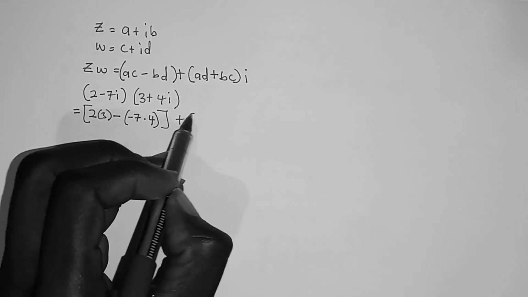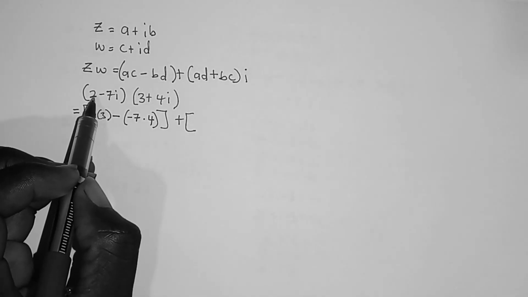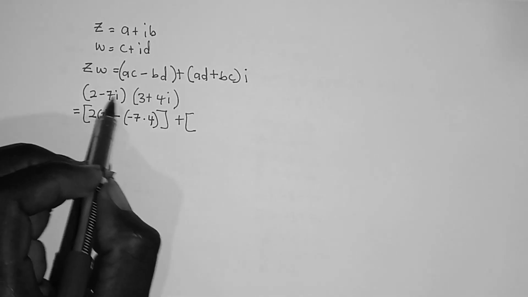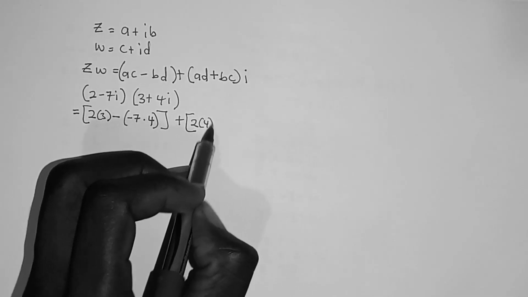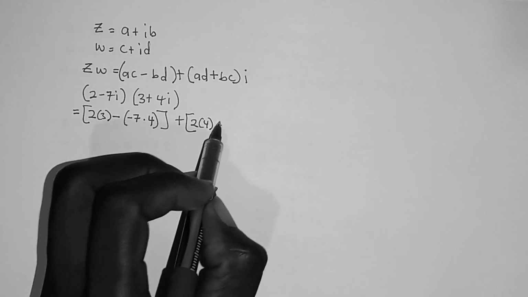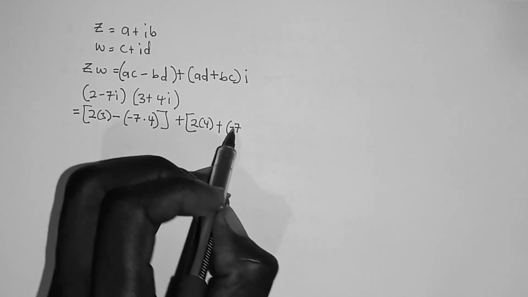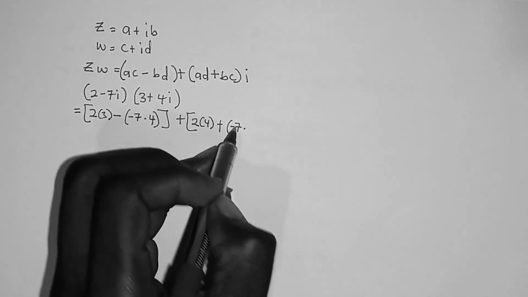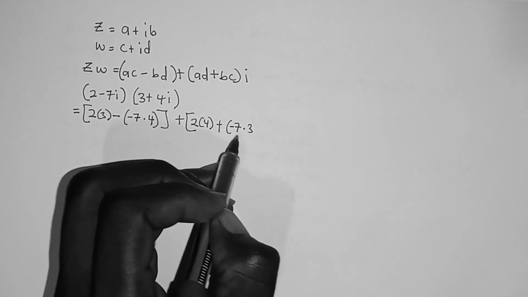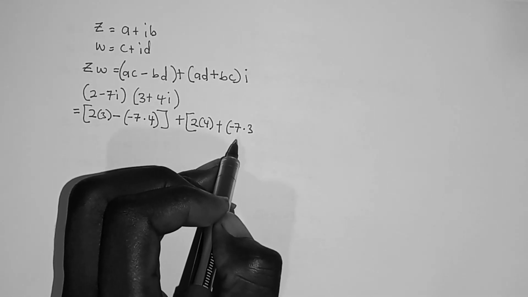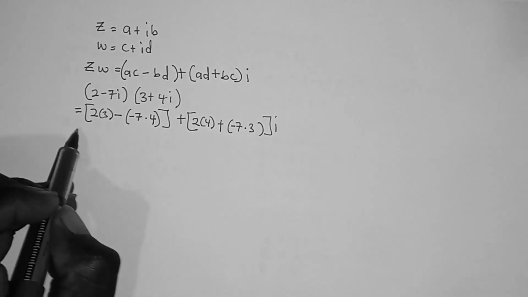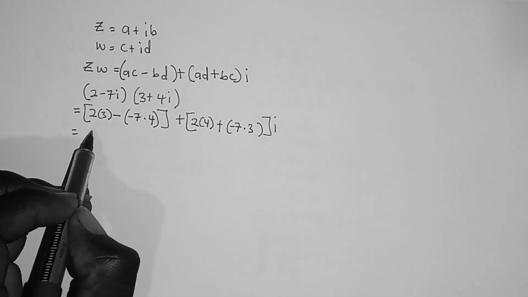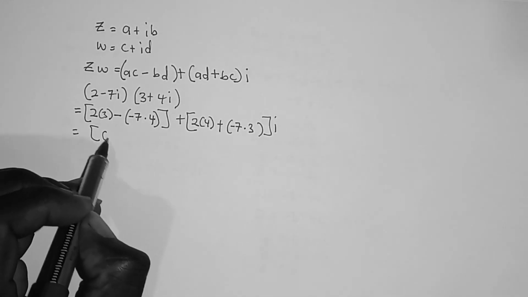Then plus, you multiply 2 and 4, then multiply 7 and 3 and add. So in this case, it is 2 times 4, then plus minus 7 times 3, i.